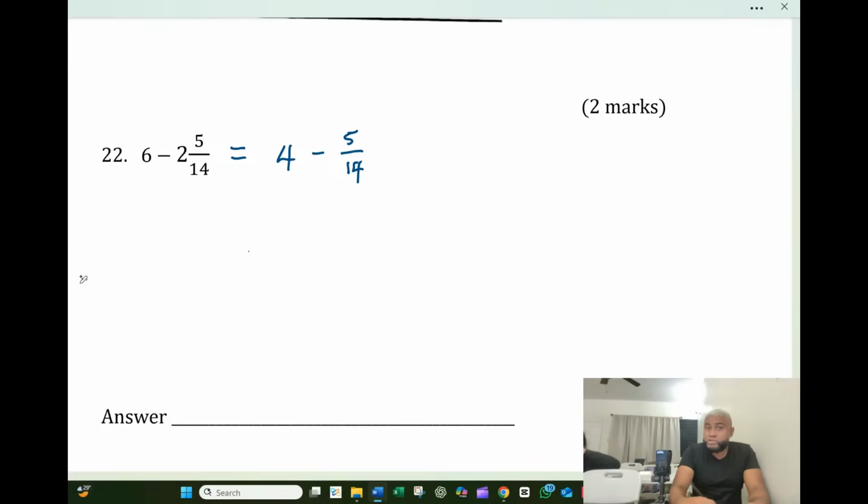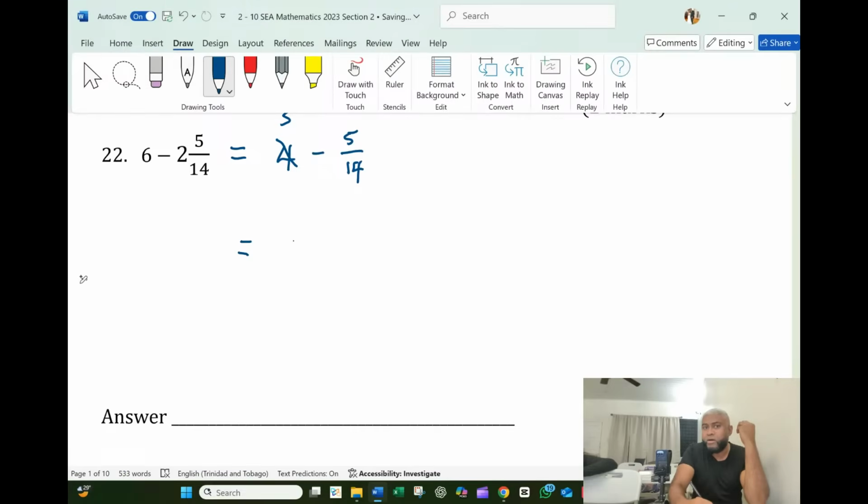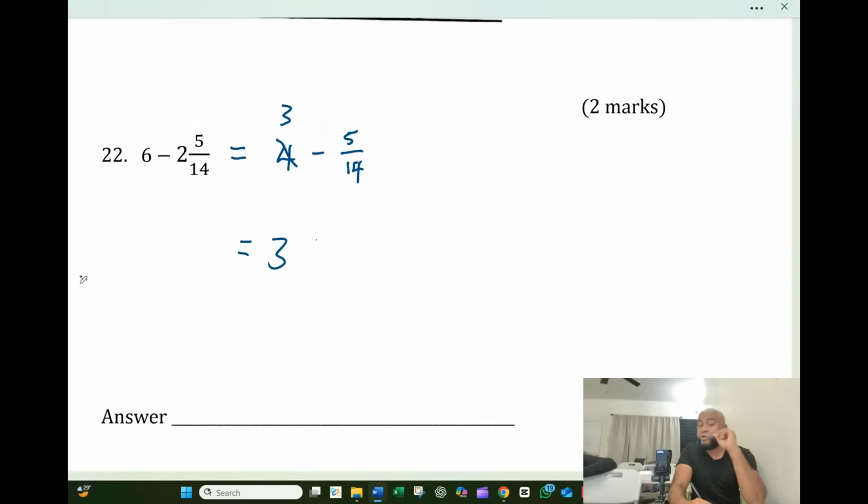Right, so let's go. What can we do here? Let me hear all of you. Come on, we're doing this in quick time. Could we borrow 1 from this 4? So we made a 3 here, and 3 will be the whole number, right? If I borrowed 1, the denominator of this fraction would be my numerator here and my denominator, 14 over 14.